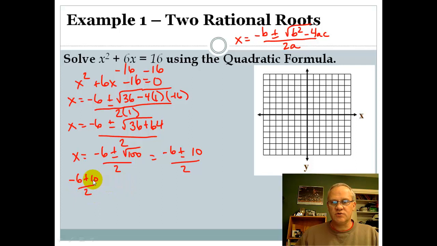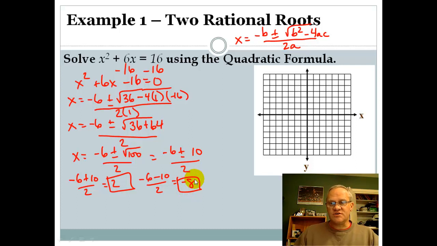Well, 10 minus 6 is 4. 4 divided by 2 is 2. There's one of our solutions. What if this was negative 6 minus 10 over 2? That would be a negative 16 divided by 2, which would be a negative 8. That's our other solution. So you notice we have a solution of 2 and negative 8.